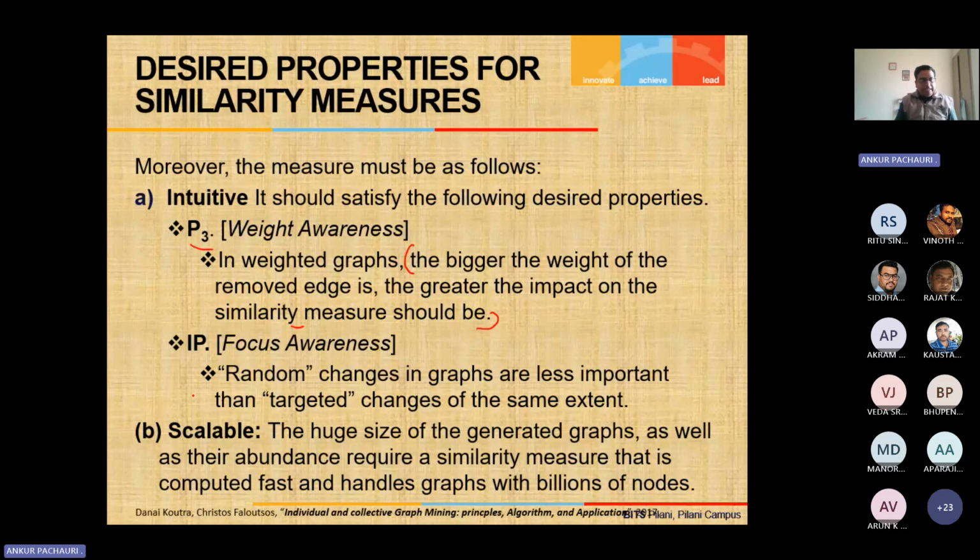Second is focus awareness, meaning any random changes in a graph are less important than targeted changes of the same extent. If I'm making some changes in order to achieve something else, they should be given more importance in comparison to random changes.